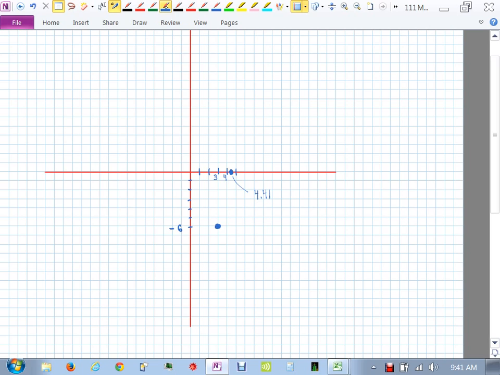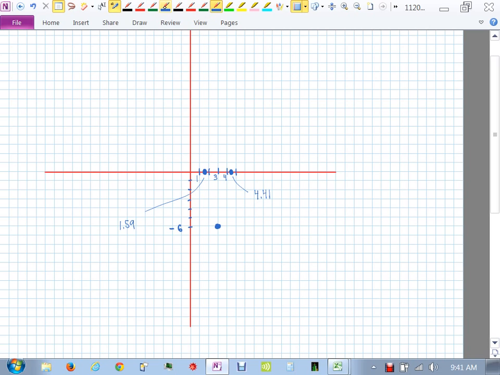All right, what's next? 1.59. So that's going to be about right here, a little bit past 1. I'll go ahead and label that one also, 1.59. And then I have a y-intercept, right? But that y-intercept was way up at what, 21?